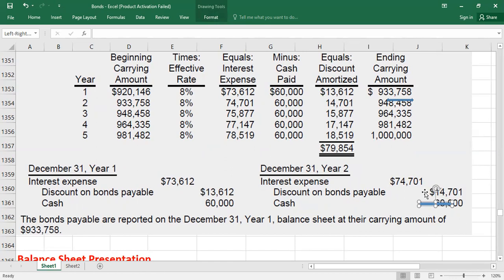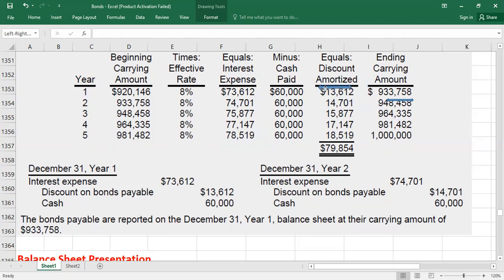Now, to solve the exam questions, maybe the examiner is asking what amount of interest should be reported in the income statement. You can simply give the answer without any presentation format. You will say, these are the amounts which will be recorded as an expense in the income statement. Second question, maybe the examiner will ask, what is the amount of discount amortized?